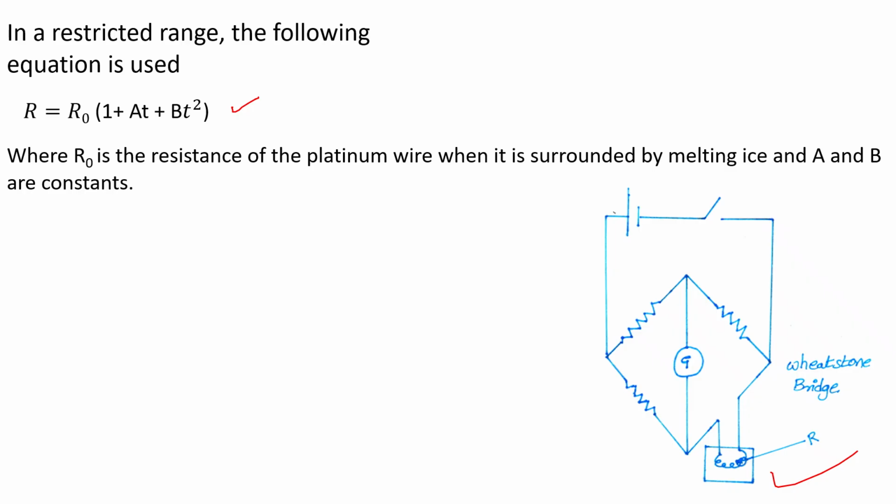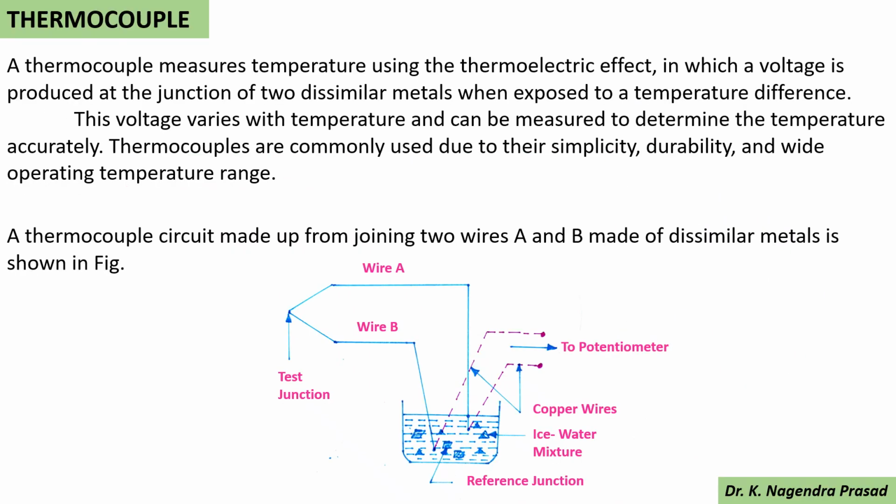So here R naught is the resistance of the platinum wire when it is surrounded by melting ice, and A and B are constants.